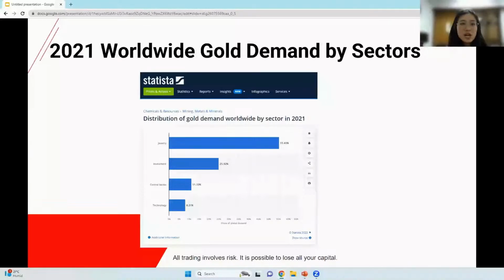If you can see in this chart that I got from Statista, jewelry accounts for 55.43%, and it also represents the largest source of annual demand for gold per sector. However, this has declined over recent decades, but it still accounts for around 50% of total gold demand.